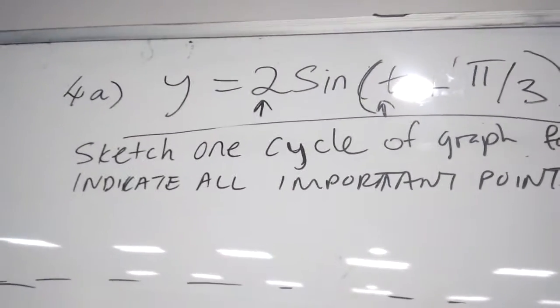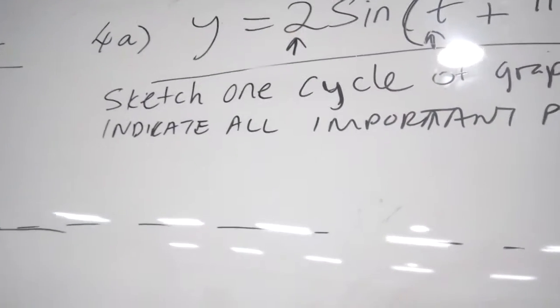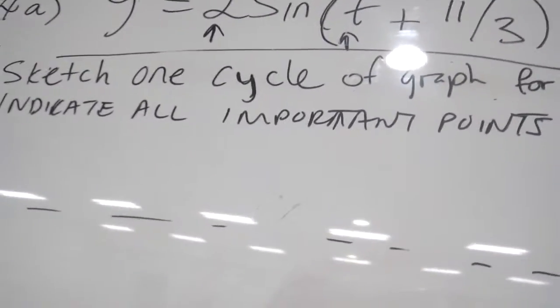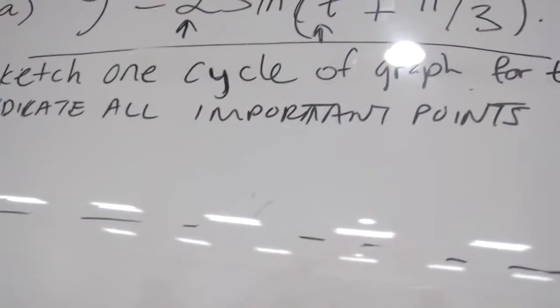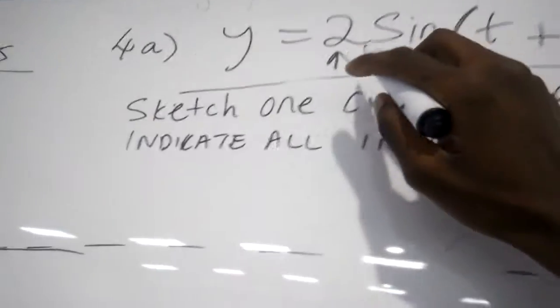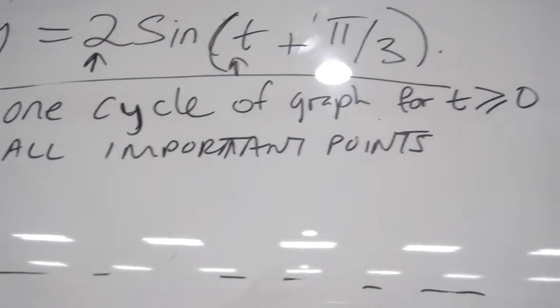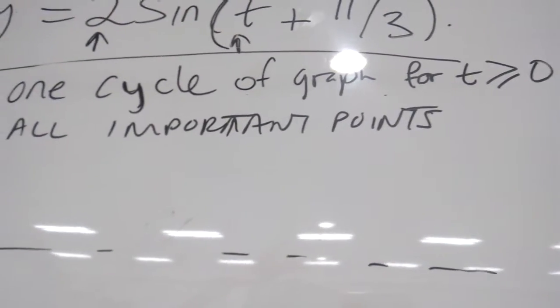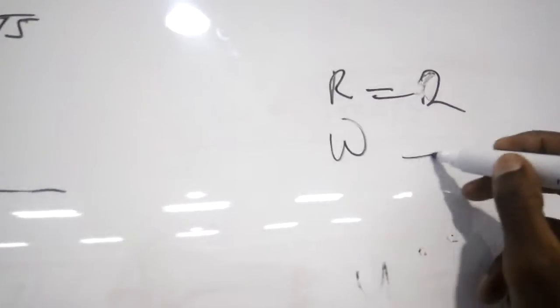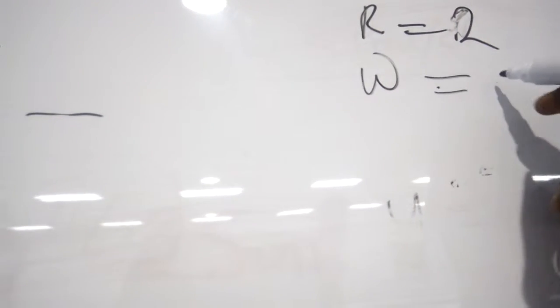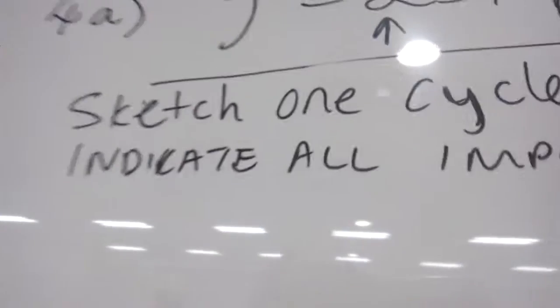So the first thing that you do now is, from that equation, we can tell what the amplitude is. The amplitude is 2. Then our angular velocity is 1 radian per second, because here it's 1.